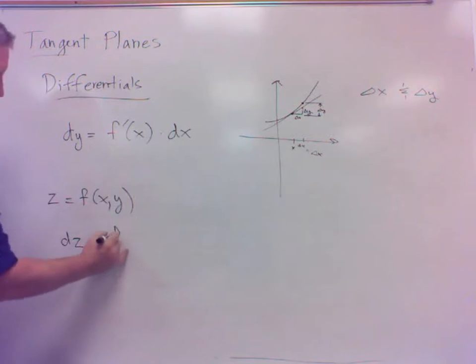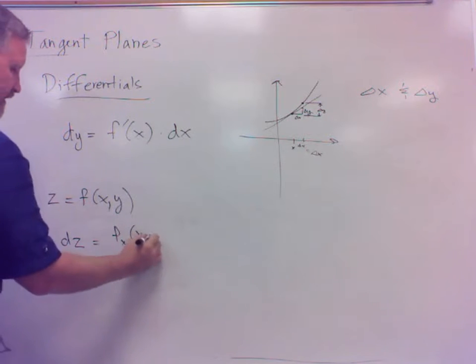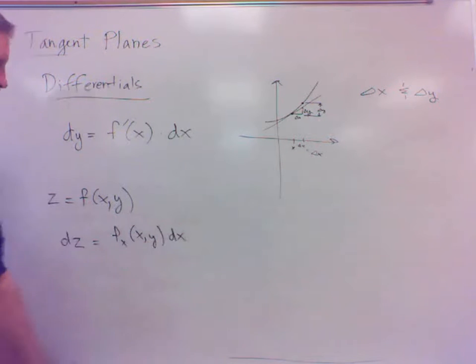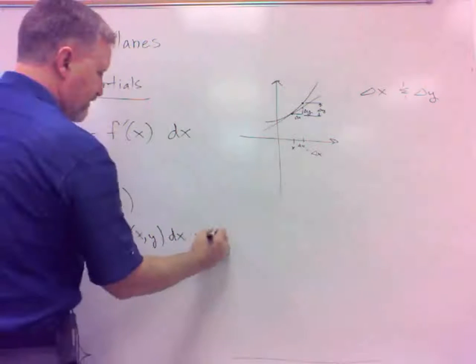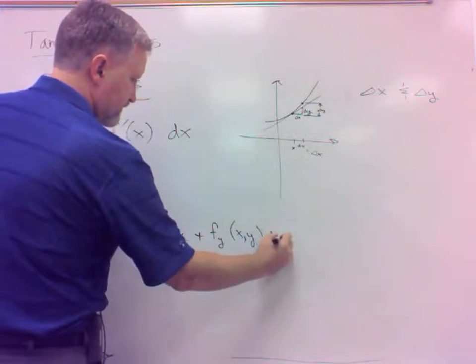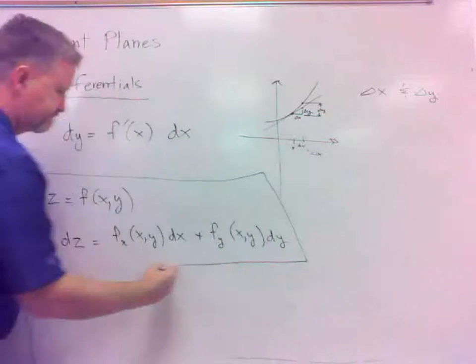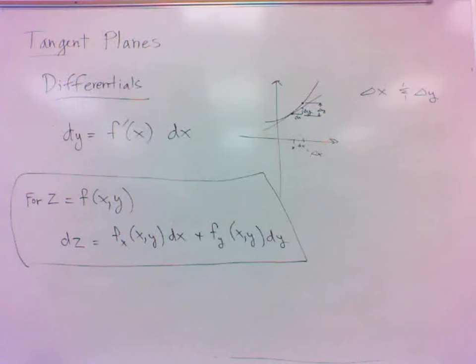So you can do the partial derivative with respect to x of f(x,y) times your differential dx, plus then the partial with respect to y of f(x,y) times your dy. That'll give you the differential dz in 3 dimensions there.